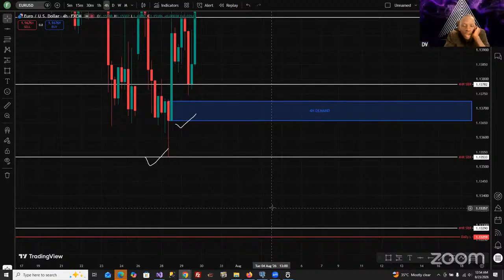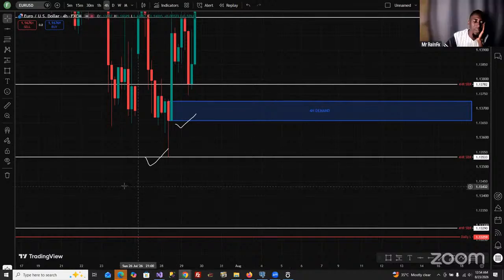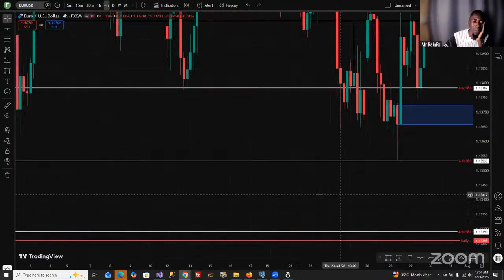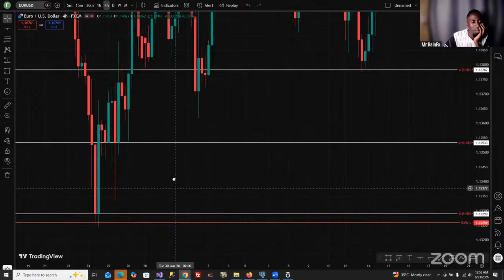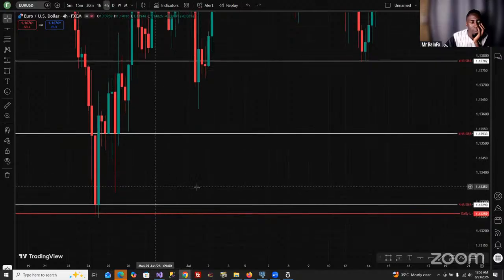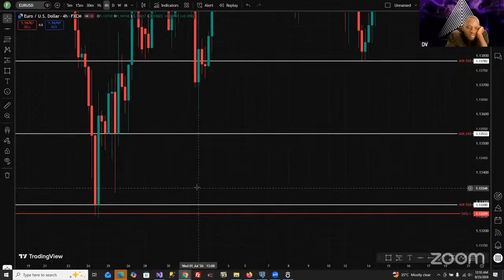I'm curious to see what happened there on this time frame. Can you just go left a little bit? It's a very nice liquidity grab area. That was a very strong base.